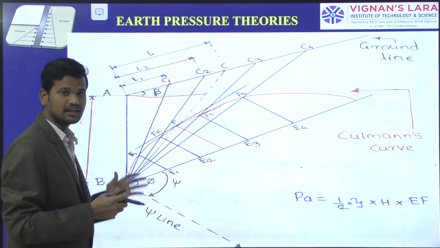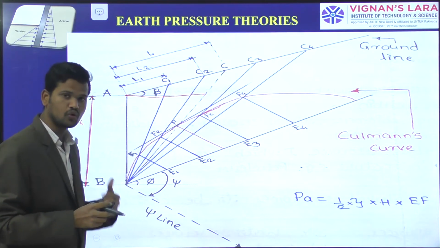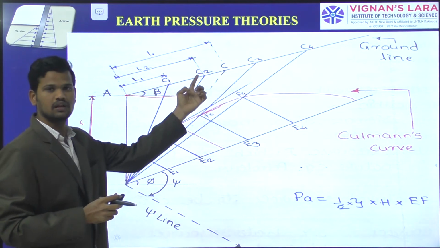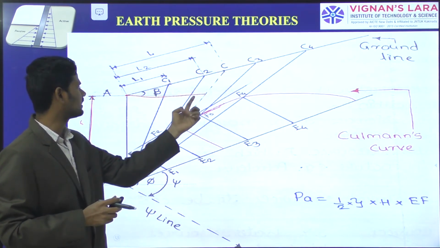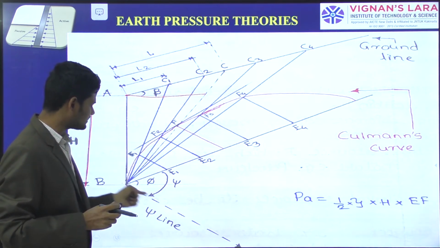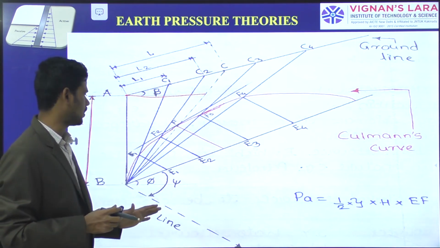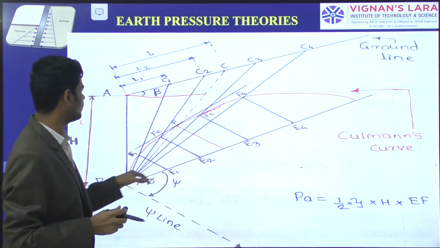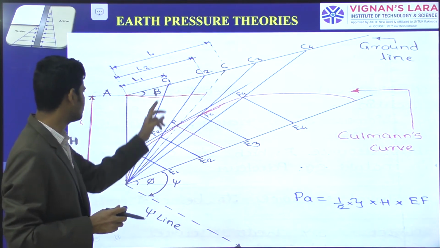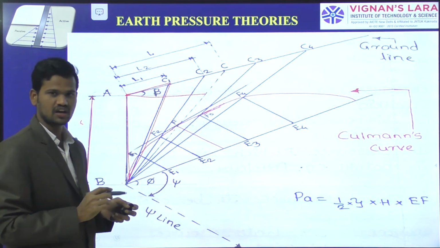In simple terms, first we draw one angle of inclination, beta, with the horizontal ground surface, and next we draw one more J line into the horizontal ground level of the soil mass at the bottom. We assume a failure of the soil mass, A, B, C, and this is the failure of the soil wedge we assume in the first condition.